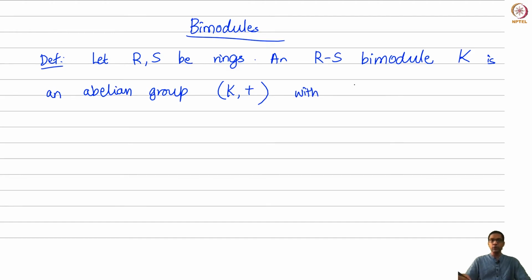It's a left R module and a right S module structure.